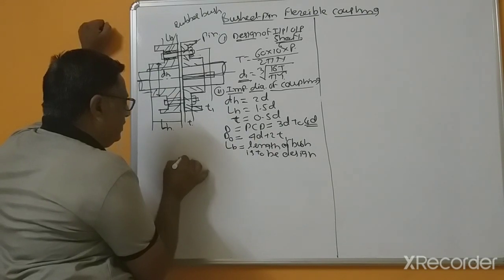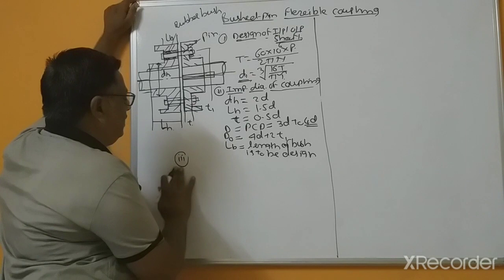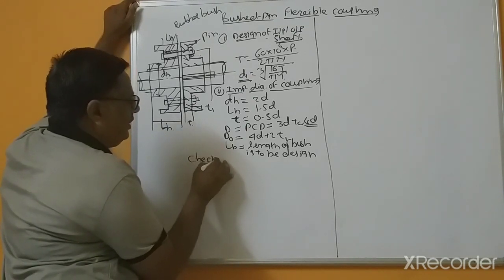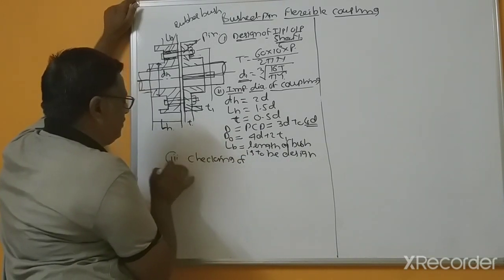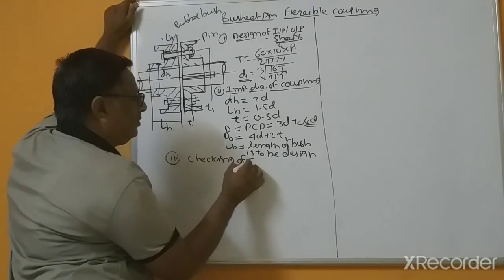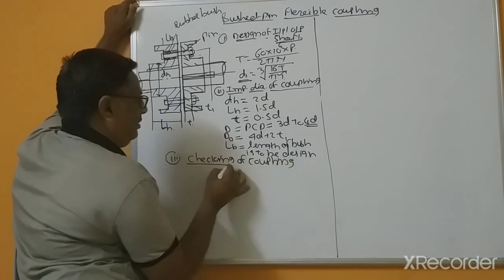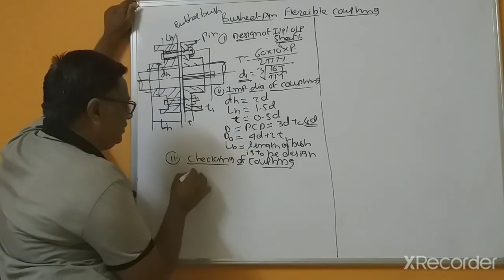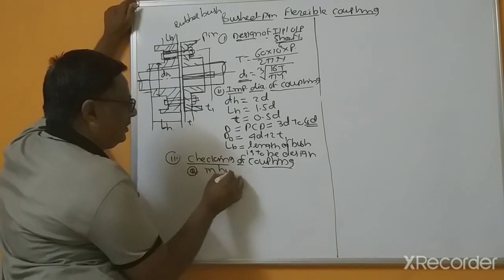Third step, checking of the coupling. You can say this is the third step, checking of the coupling. First, shear stress in the hub.